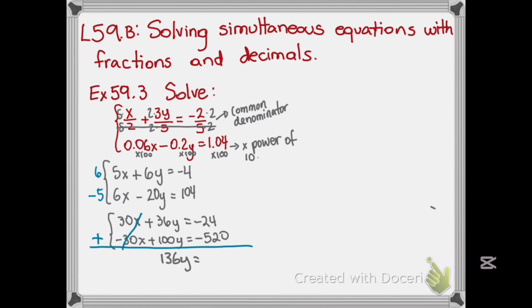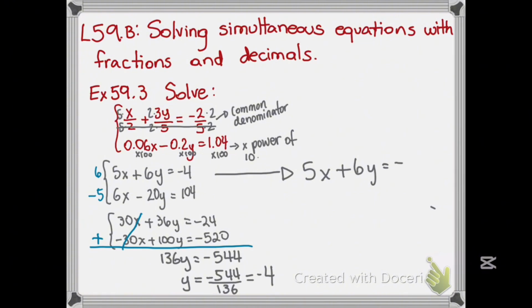136y equals negative 544. And if I divide that, the answer is negative 4. And just like we've done before in other exercises, with that value of y that we just found, we go back to one of the originals. So I'm going to work with 5x plus 6y equals negative 4. And I'm going to change the value of y for negative 4 so that we can find the value of x.